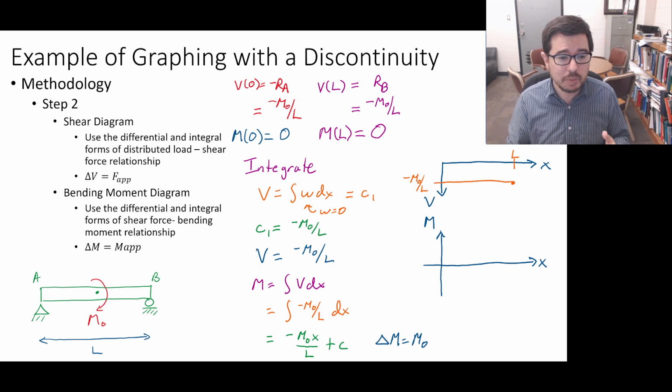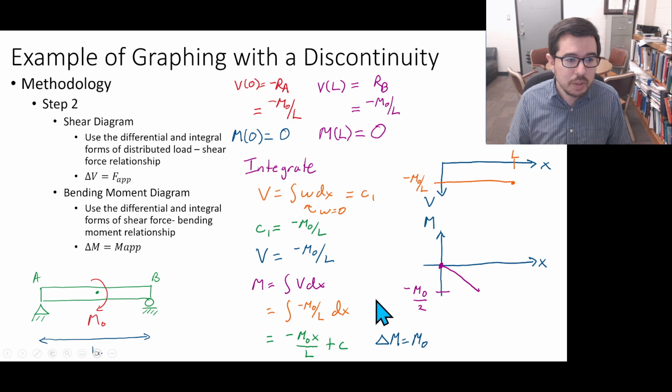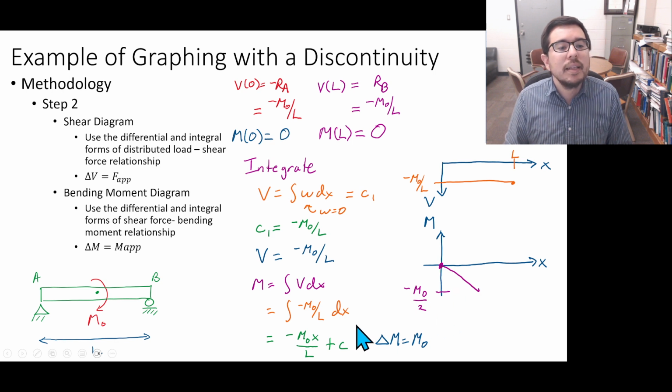This is a first order expression, and we need to know what to do when we hit these different benchmarks or discontinuities or locations where there might be some change in the loading. So we said at the left side, M is equal to 0. We start there. We have a negative slope, and we know that at x equals L over 2, something interesting happens. But nothing's happening until we get to L over 2.